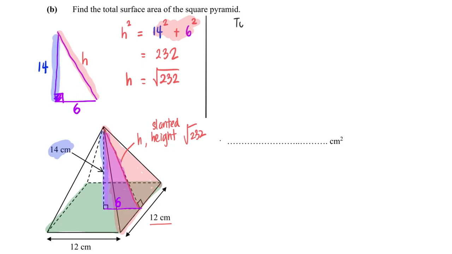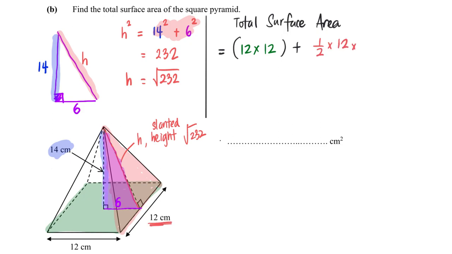So the total surface area is therefore, of course, we do need to consider the square base, 12 times 12. We also need to consider the 4 triangles, out of which one of them is half times base 12 times height square root of 232.